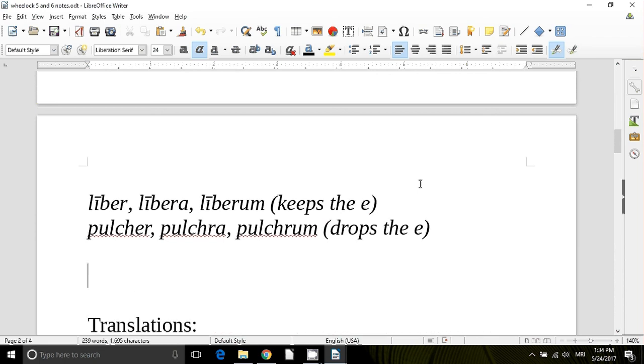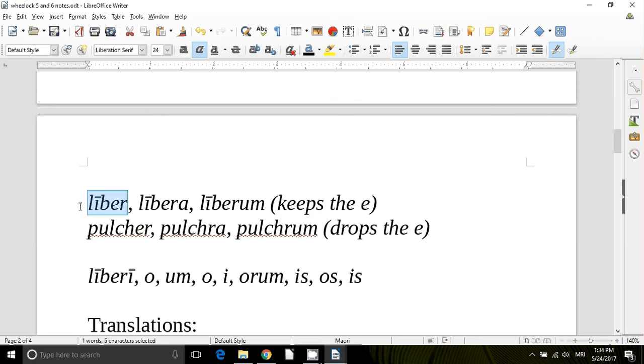So note that liber in the genitive singular will be liberi. The rest of the endings are the same: e, o, o, e, orum, is, os, is. The only form that's different is the nominative singular, which isn't liberus, like you might expect.